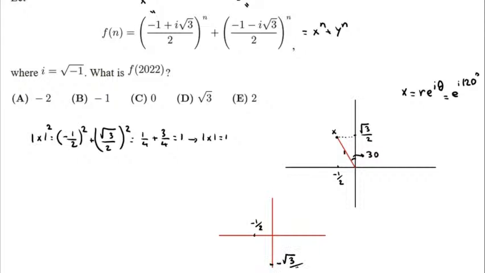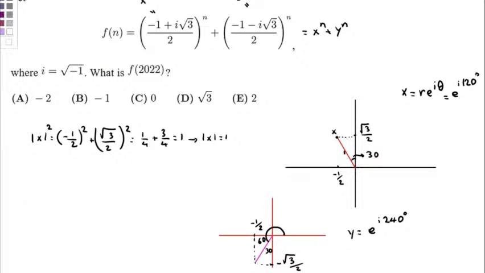Again, the length will be 1 in a similar way, and this angle will be 30 degrees, so theta is 180 plus 60, which is 240 degrees. Okay, now we want to find f of n.